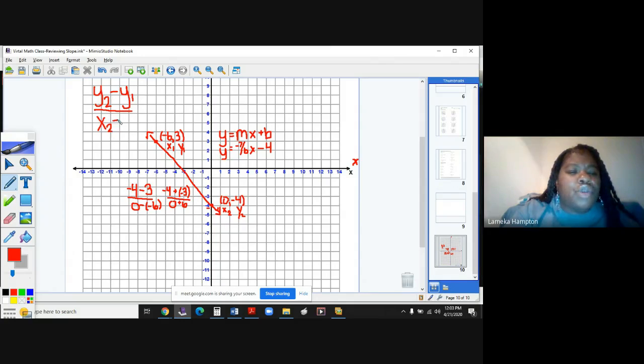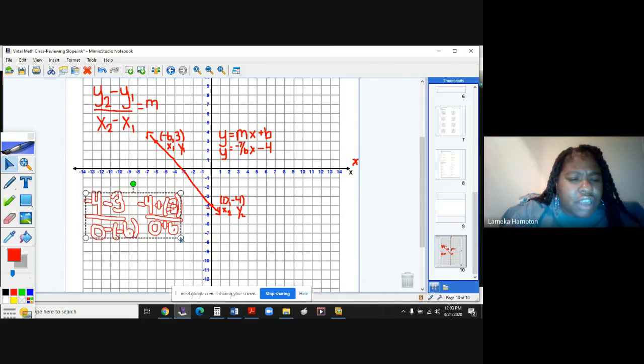I just didn't have the room before, but now that I do. I'm just going to move this over here, and I'm going to even make it a little bigger so that way you can see it.